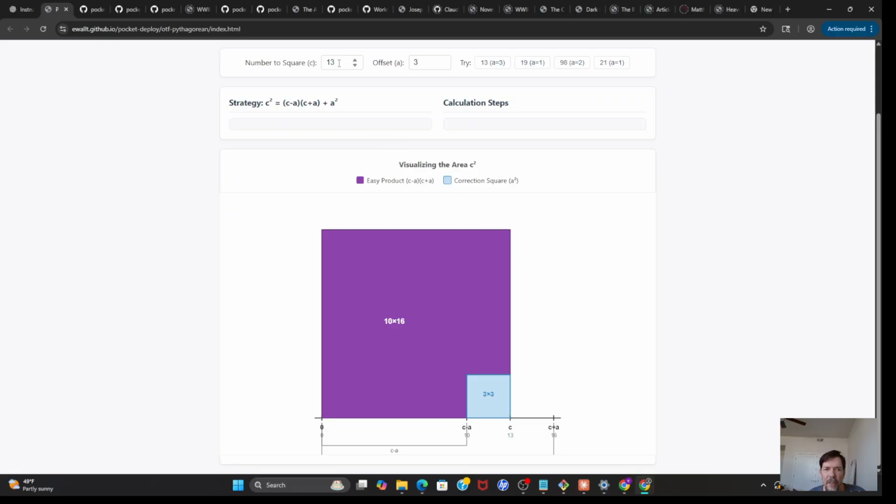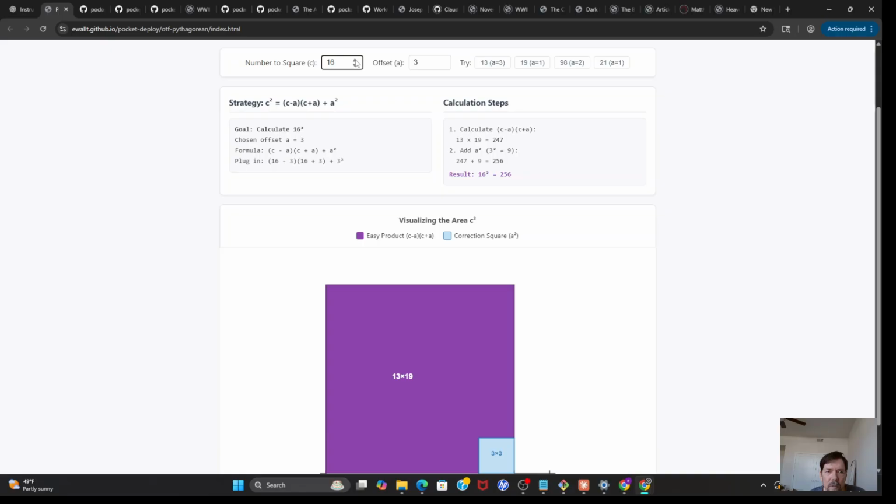So if we do 13, if we choose 3 for the small square, 13 minus 3 is 10, and we get 10 times 16, 160, that's easy. Add 9, 169. So let's try 17.